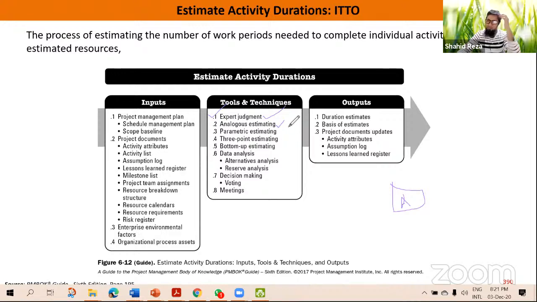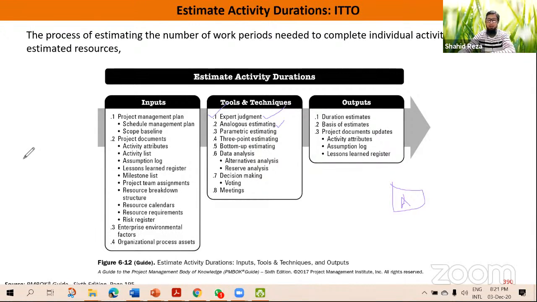The second tool that is very important, and you may get one question from it, is analogous estimating. Analogous estimating means, for example, you have done a similar kind of project earlier and the same kind of activity you did earlier.